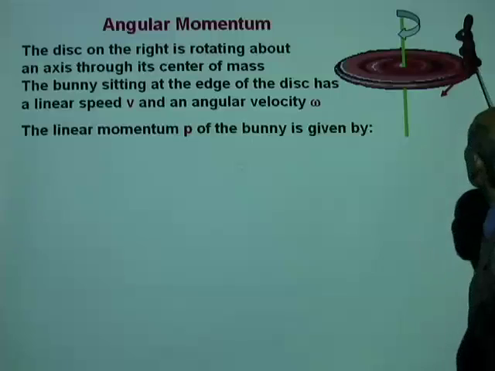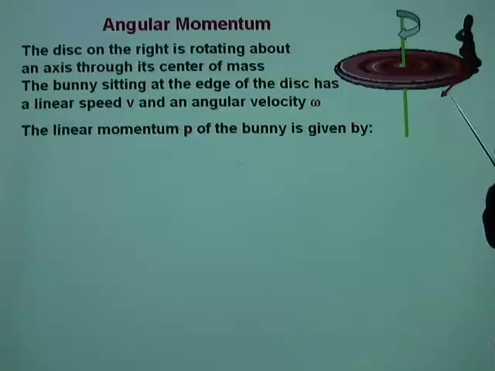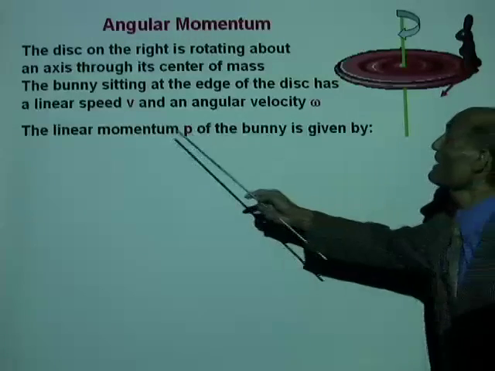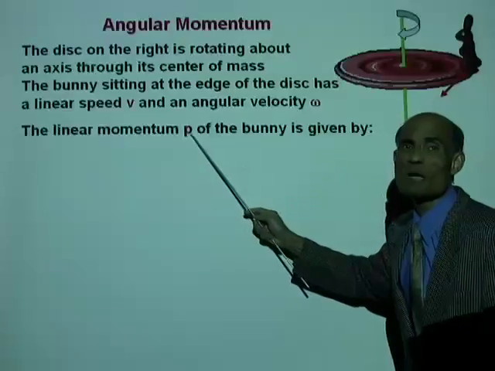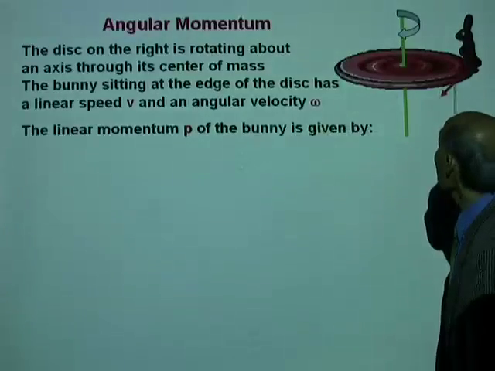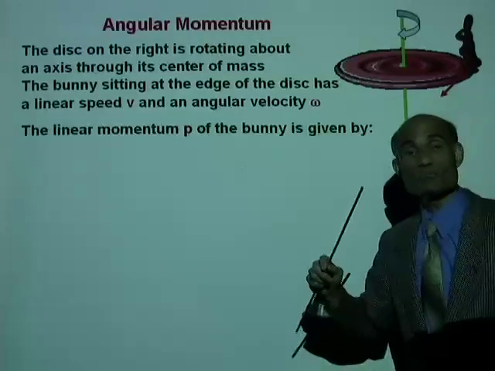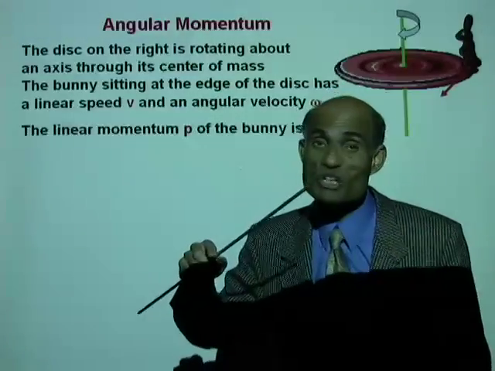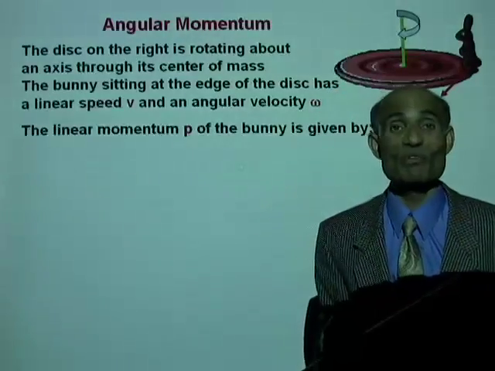Okay, so the bunny has the linear speed v, and therefore its linear momentum p will be tangential. Is that right? The momentum is a vector which is in the direction of the velocity.